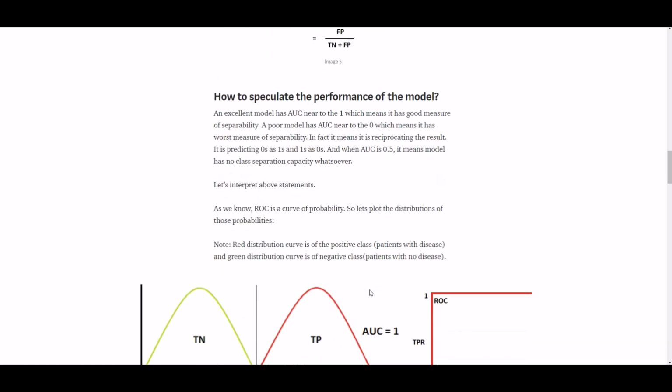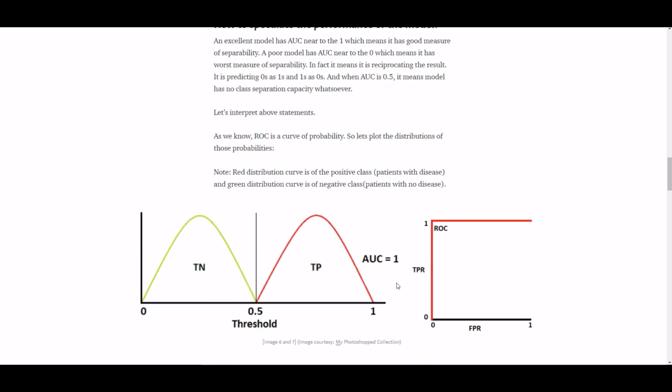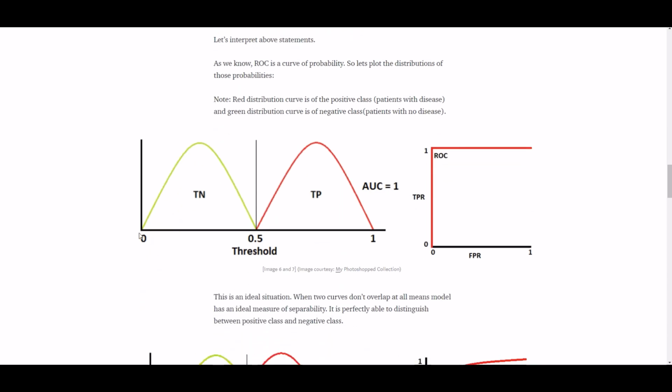And so this is the example I just gave, where you have a perfect scenario. The area under the curve in this case is 1, and you have this true negative and true positive for the different thresholds of the output that you get.